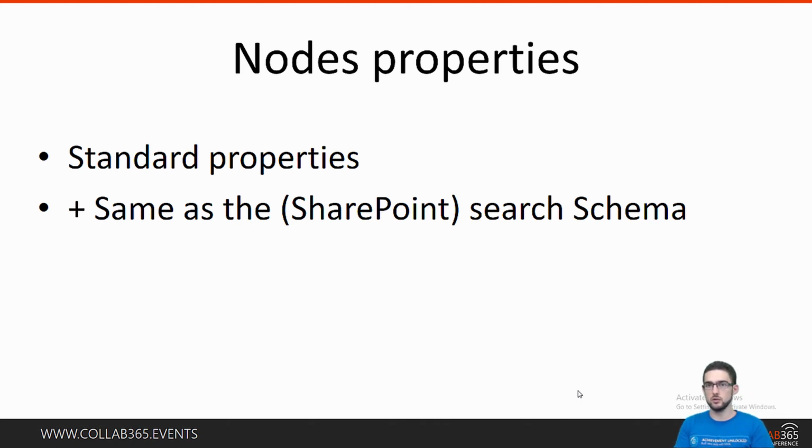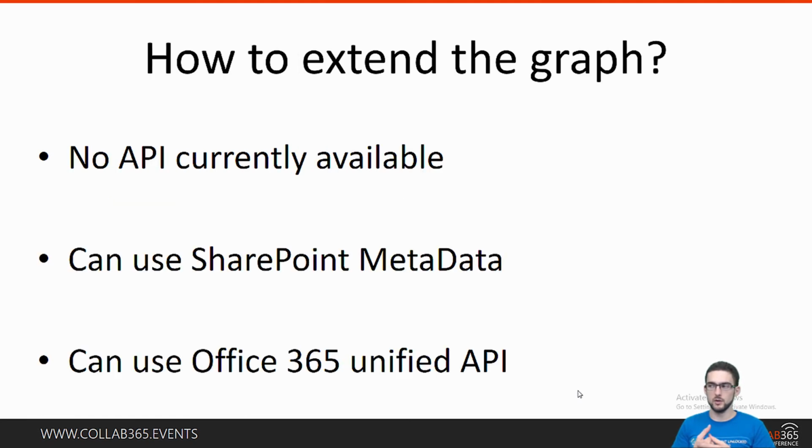So if you extended the search schema using site columns, indexed properties, and managed properties, you will find these properties on your SharePoint nodes. Why is that? Because a big part of the Microsoft Graph is based on search capabilities and indexing capabilities. So this is why it brings all the information back.